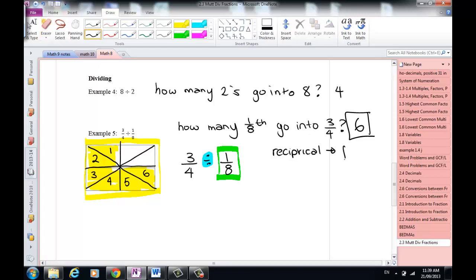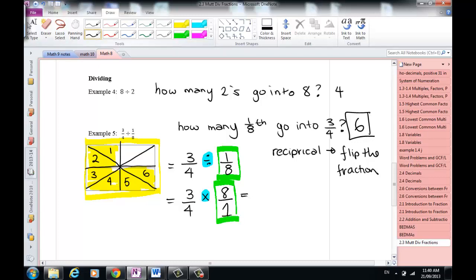All this means is to flip the fraction. So if we have 3/4 divided by 1/8, I'm going to multiply and take the reciprocal. So it becomes 8 divided by 1.